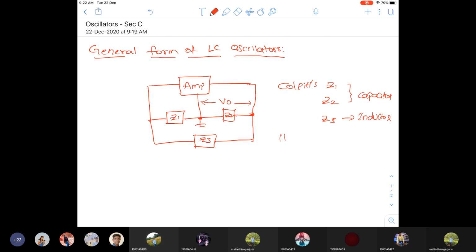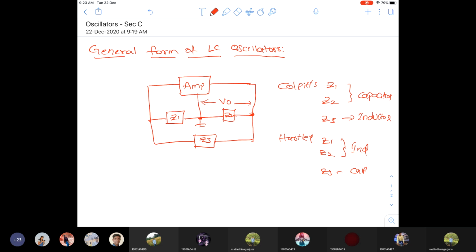For a Hartley oscillator, Z1, Z2 are inductors and Z3 is the capacitor. That is the only difference; the remaining portion is everything the same. For Colpitts, replace Z1, Z2 with capacitors and Z3 is the inductor. For Hartley, Z1, Z2 are replaced with inductors and Z3 with the capacitor.